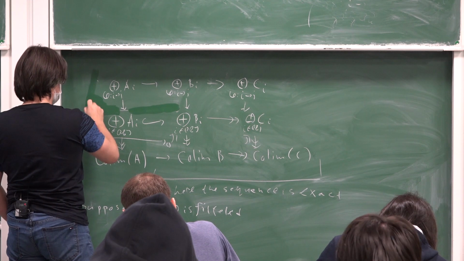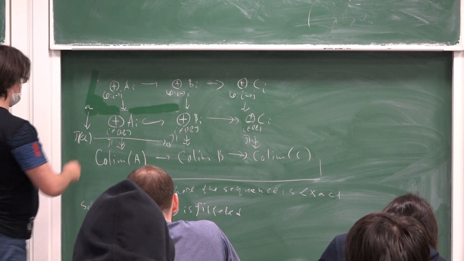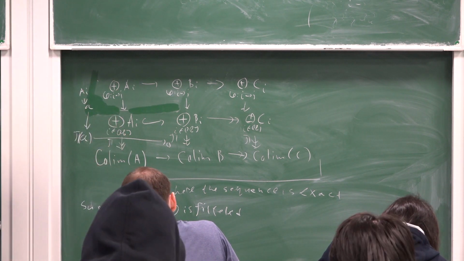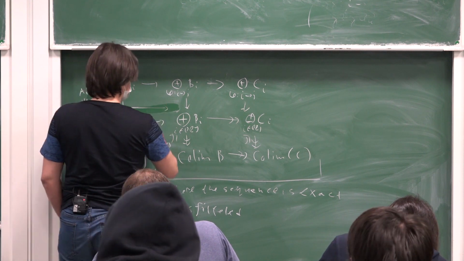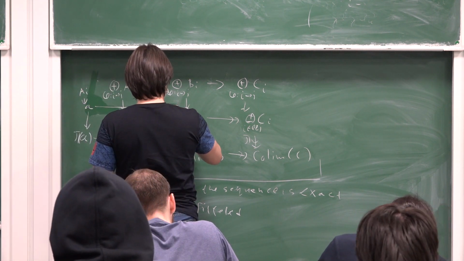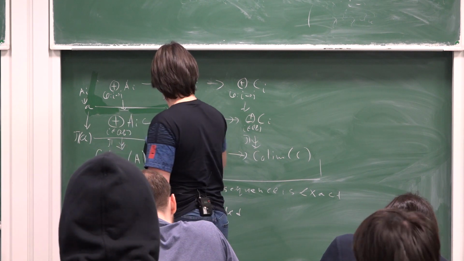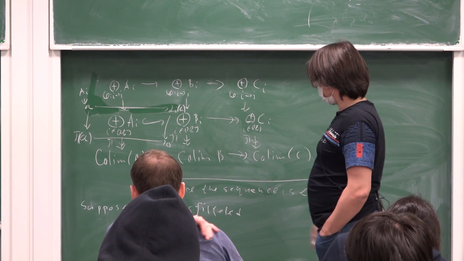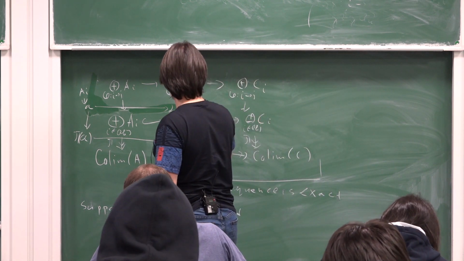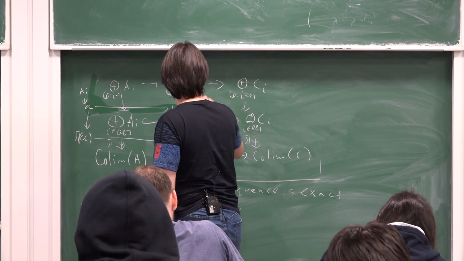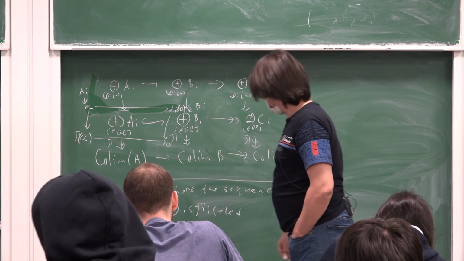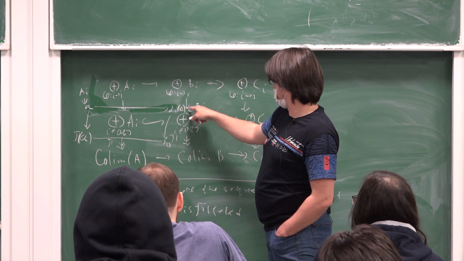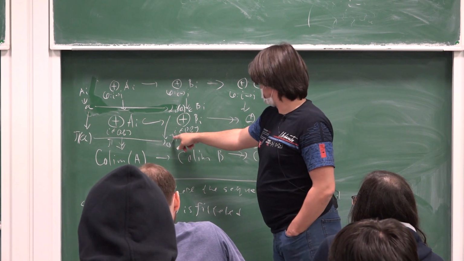By our lemma, it comes from some a, and a lies in AI. Then here we have alpha I of a, and it goes to 0. And this alpha I of a lies in BI. And moreover, pi of alpha I of a equals 0.